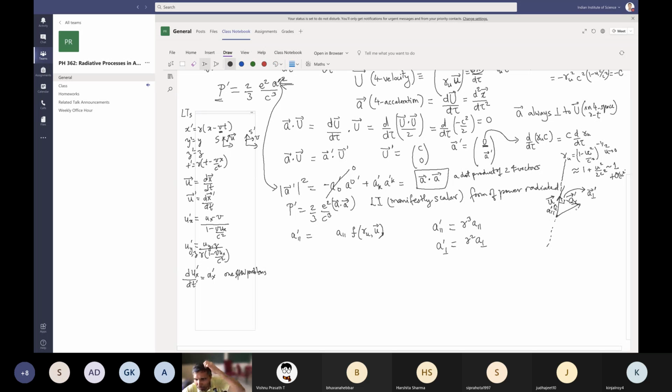You can always decompose the acceleration into a vector along the direction of the particle and perpendicular to the direction of the particle. So if we do this exercise of how accelerations transform under Lorentz transformations, you will get this.